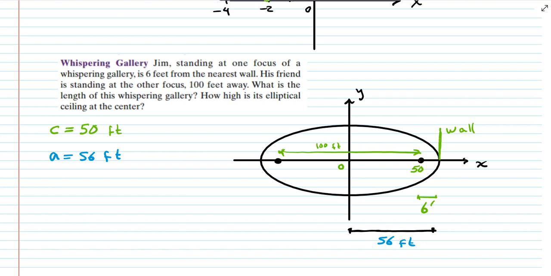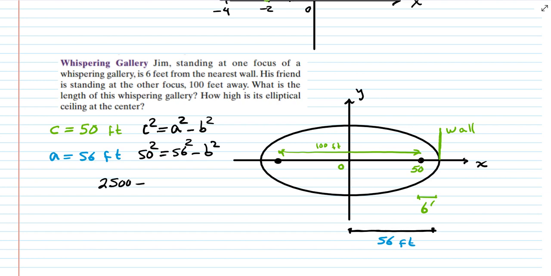We can solve for B, and we have the equation C squared is A squared minus B squared, right? The longer of the two is horizontal, so A goes with X, and C here is 50. So 50 squared is equal to 56 squared minus B squared. And 50 squared, that's 2500.